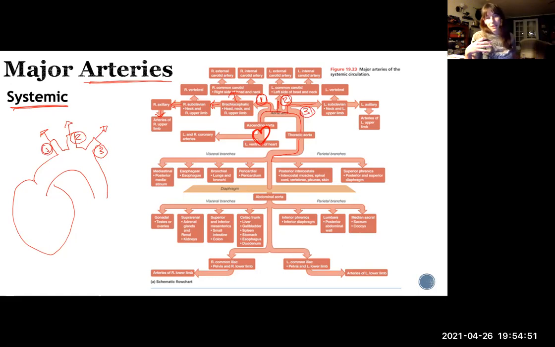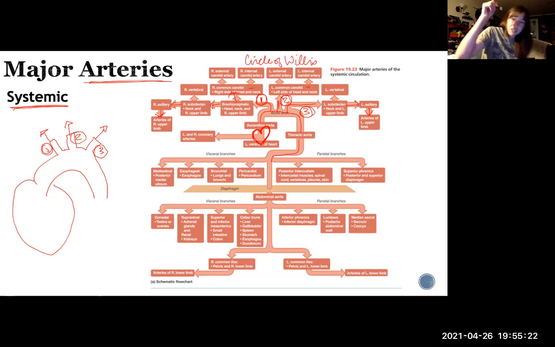Then the same thing happens over here with the subclavian becoming the axillary, becoming the brachial, becoming the radial and ulnar. Going up the head through the right and left carotids, you get up into a really cool structure called the circle of Willis, which is in the middle of the brain. And really cool, we're gonna take a look at that in a minute.